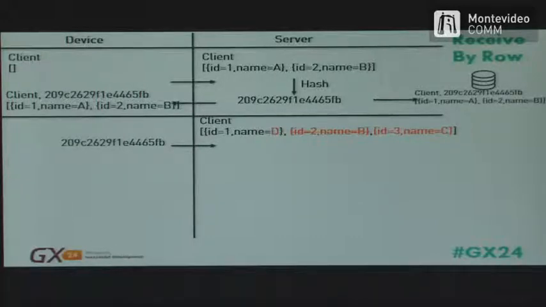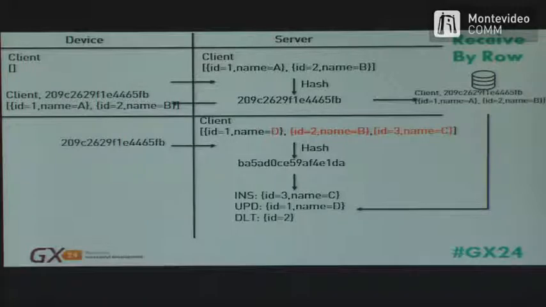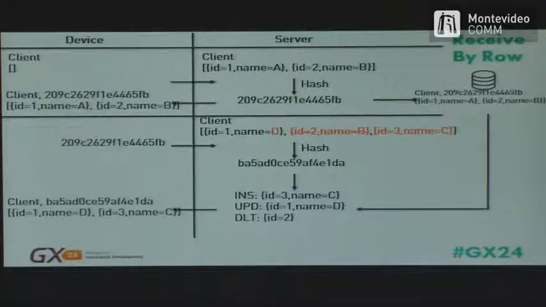Since it already had data, this time it sends a hash for the data set that it had from the previous synchronization. The server recalculates a hash in order to be able to compare. Obviously, there's a difference. And with the present information plus the information that had been stored for that data set, it calculates the differences. Based on those differences, it sends them to the device together with the new hash.